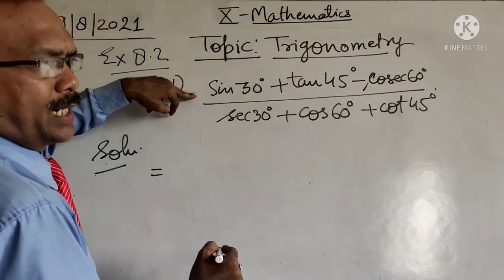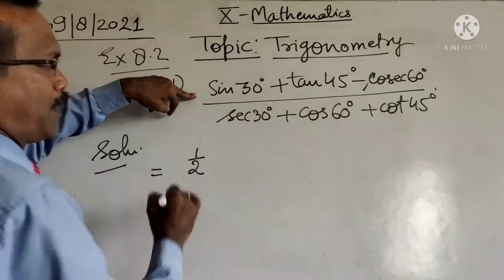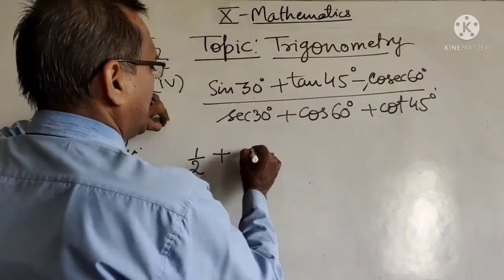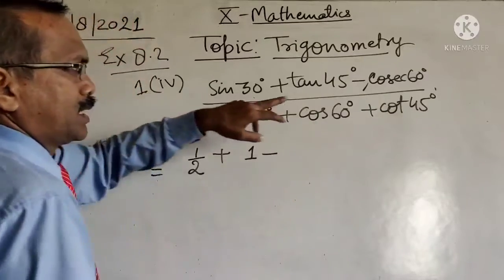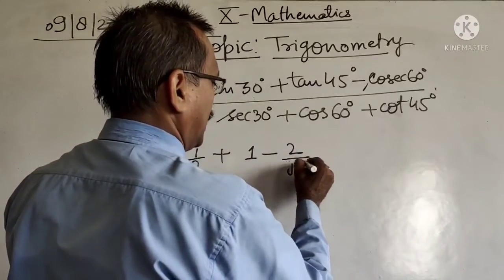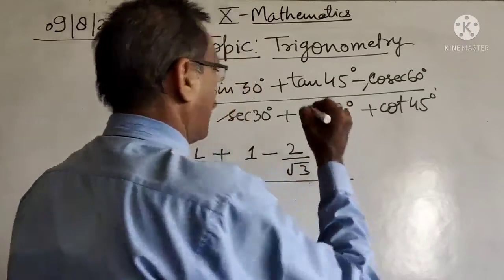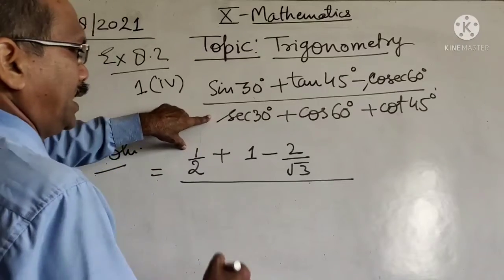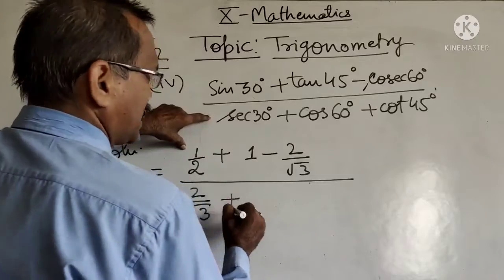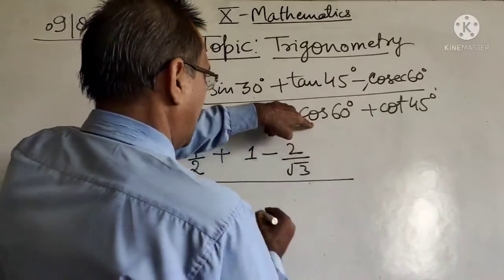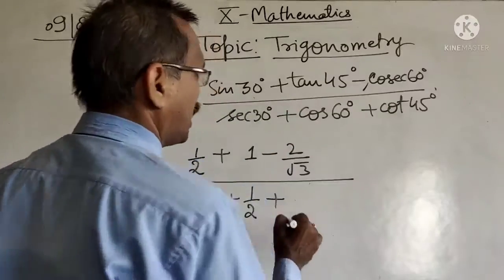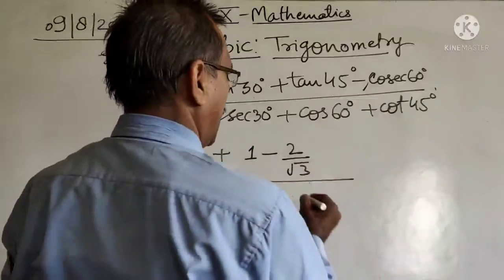Sin 30 degree is 1 upon 2 plus tan 45 degree, that is 1, minus cosec 60 degree, that is 2 upon root 3, divided by sec 30, which is 2 upon root 3, plus cos 60 degree, that is 1 by 2, plus cot 45 degree, that is 1.